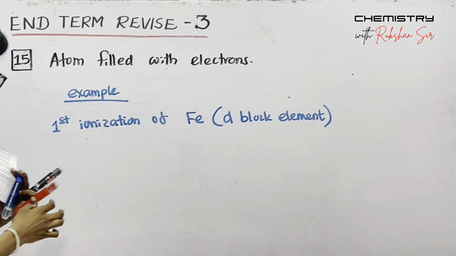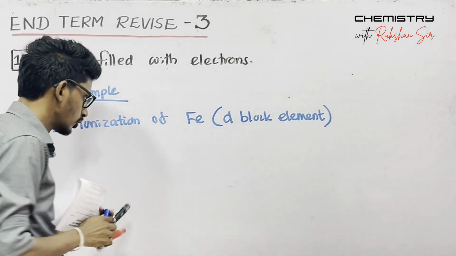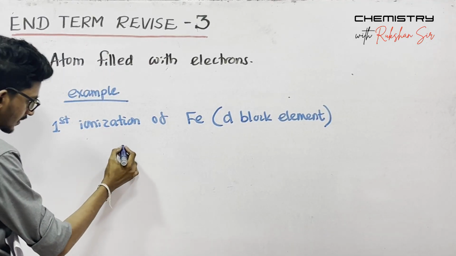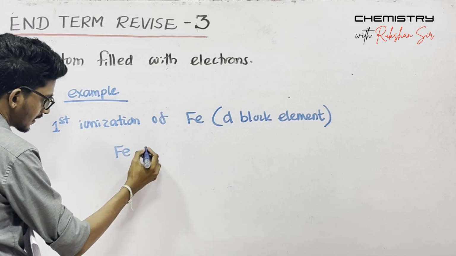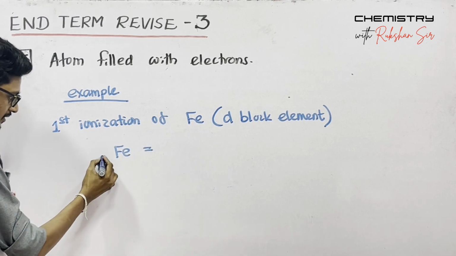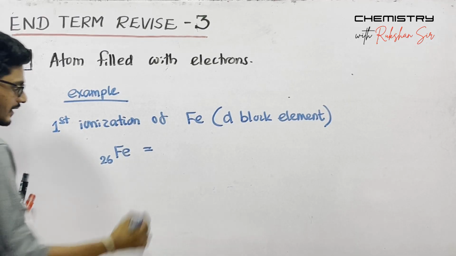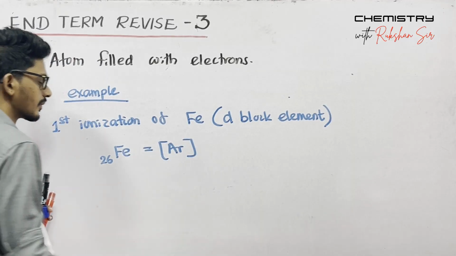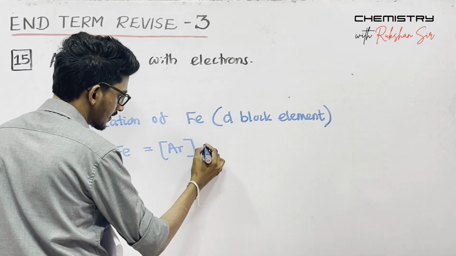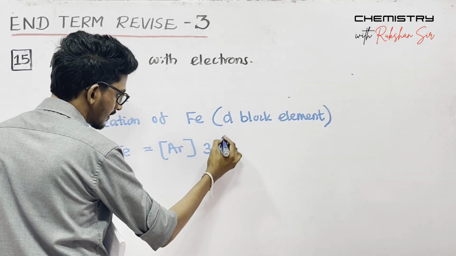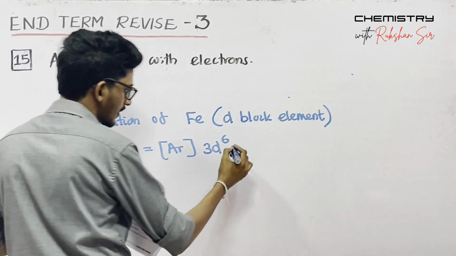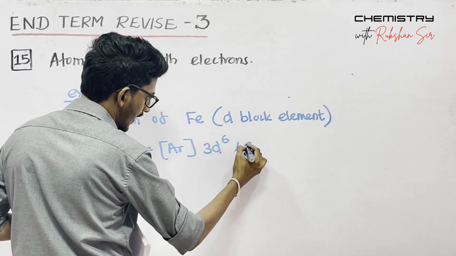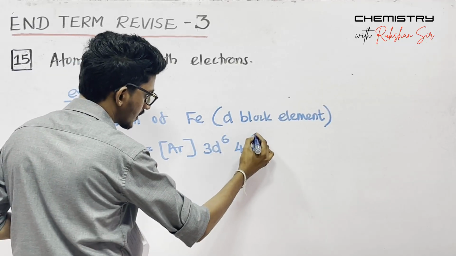Iron, as it is the 26th element, comes with the argon configuration, 3d6 and 4s2.